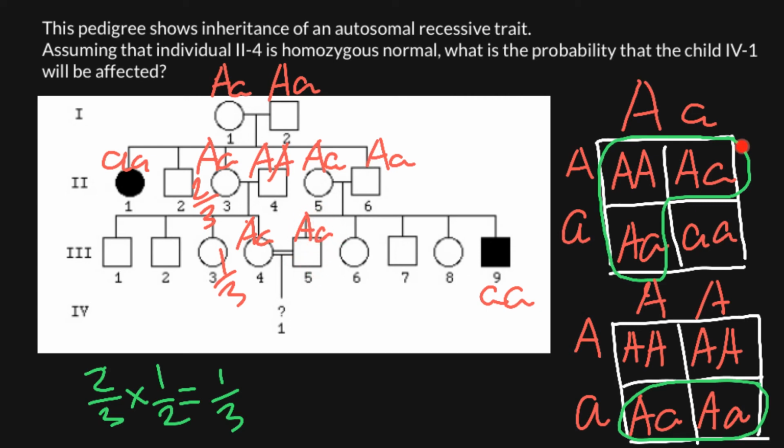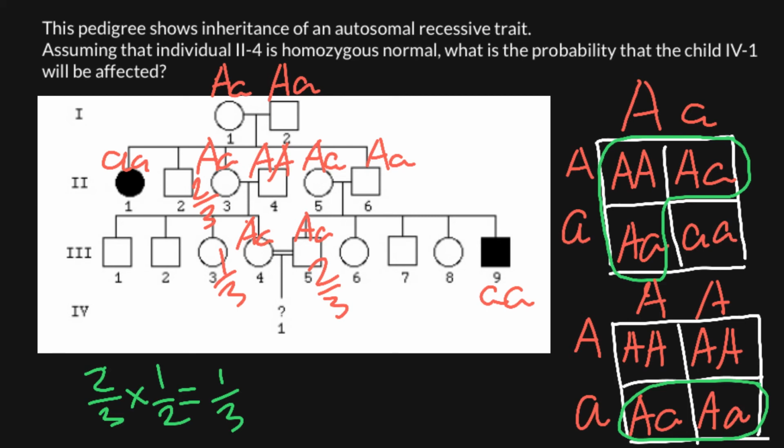As you see, the probability is 2 out of 3. This male is phenotypically normal, so he belongs to this group, and his probability of being heterozygous is 2 out of 3. So the probability for this male to be heterozygous is 2/3.